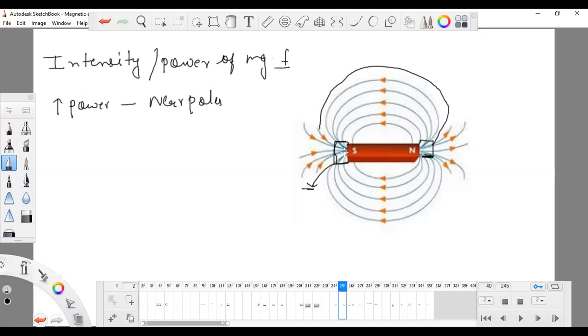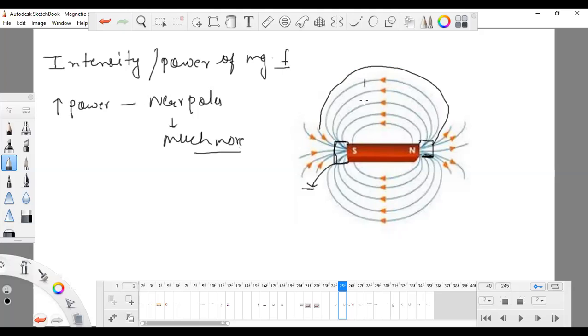So anything which comes in contact with this portion will feel a much greater intensity. Anything that comes near the poles will feel either attraction or repulsion, but it will be much stronger.